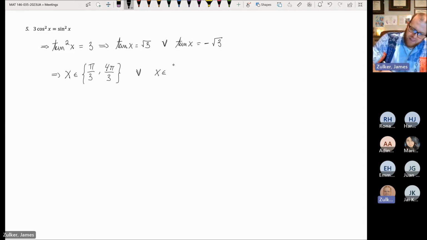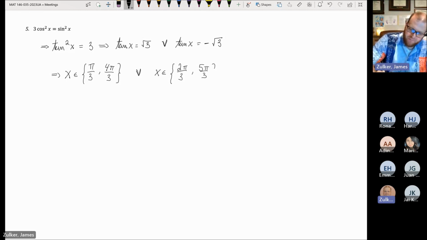Right, now where's tangent negative root 3? Right, would be the others, right?